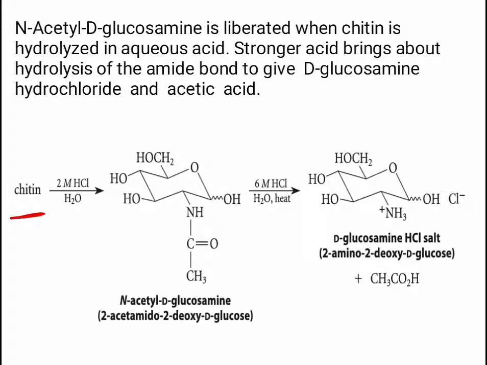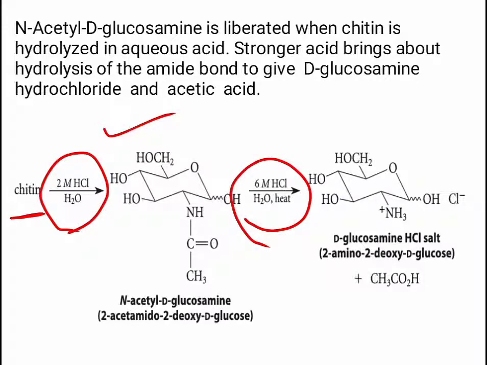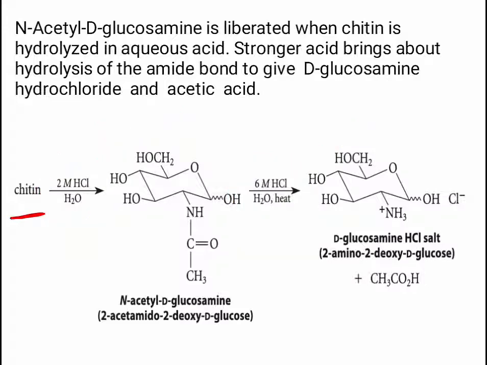So you have taken the chitin, then you are hydrolyzing it with acid, and you will get N-acetyl-D-glucosamine, this one, and if you increase the acid strength, then you will get D-glucosamine as the HCl salt. This part will also be hydrolyzed.